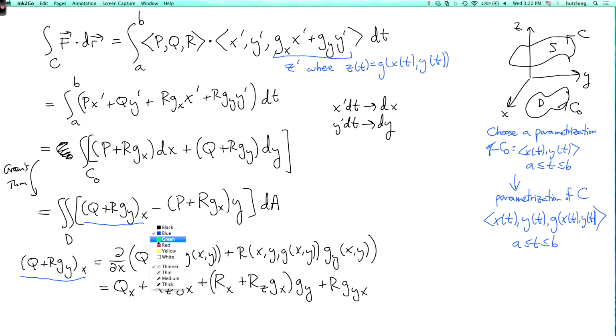Now let's do the other part. So that's going to be p plus r g_x, y. So this calculation is similar. I basically just switch the roles of y and x, and then switch the roles of p and q.